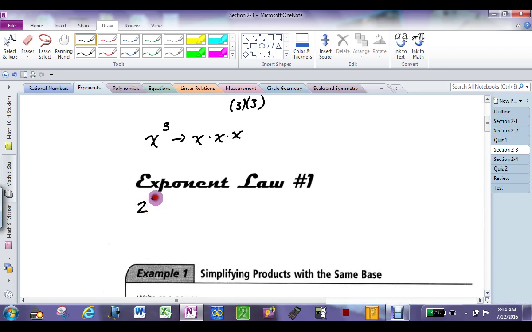What is 2 to the 4th? 2 times 2 times 2 times 2. Yeah? Right? We know that. We're not stupid. Right? Now, 2 to the 4th times 2 to the 3rd. What's that? 2 times 2 times 2.